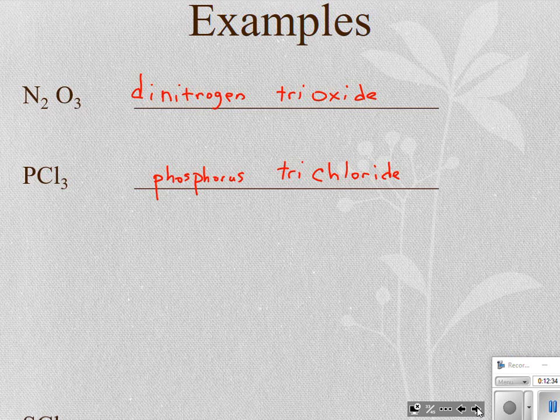Our next example, SCl5. Go ahead, name it, then I'll write the name for the chemical, for that formula. So you try to name it, and then I'm going to name it.